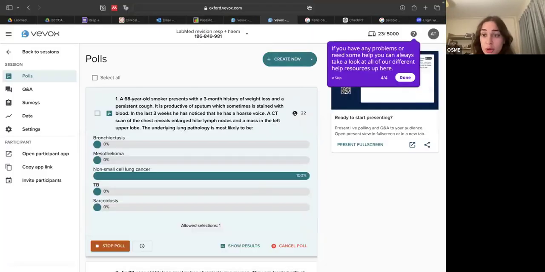So for this question, it's a 68-year-old smoker with a 3-month history of weight loss and persistent cough. The productive sputum is also stained with blood. You're already going to start thinking at this point that it's adenocarcinoma because that's the most common type, which is a non-small cell lung cancer.